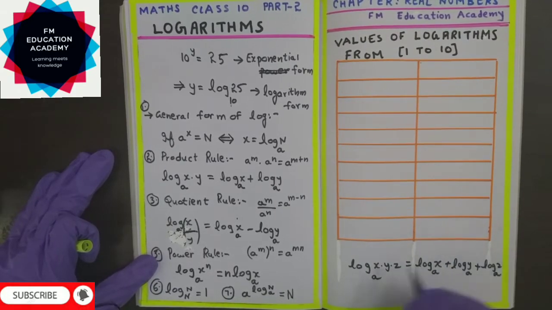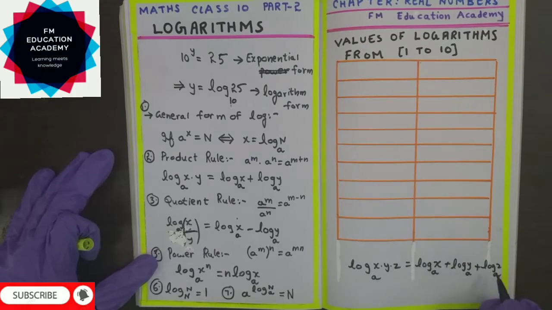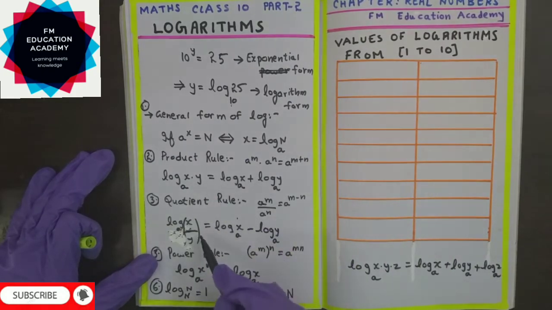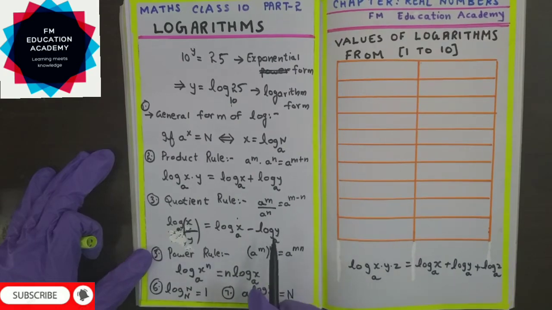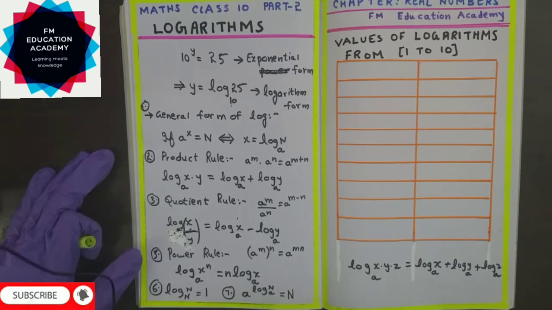That is, if we have multiplication, the log is distributed to all and it becomes addition. So multiplication means addition and division means subtraction, and for a power, the power comes beside the log. Log n to the base n is 1 and a power log n to the base a is n. These were the various laws of logarithms.